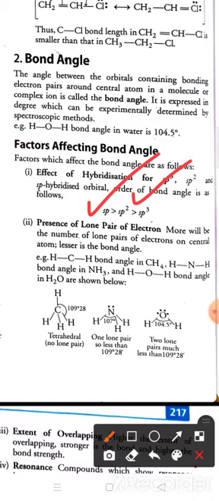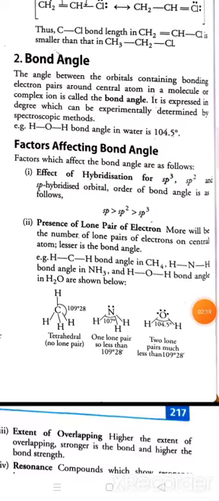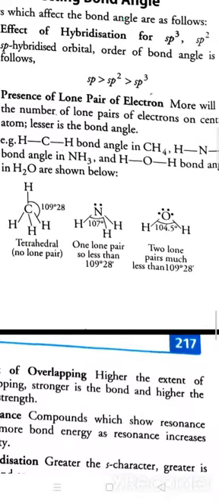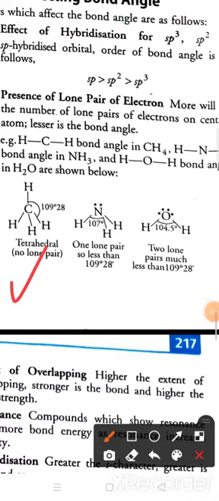Now, the presence of lone pairs of electrons. If a lone pair is present, then the bond angle will decrease. You can see in these diagrams methane, which is tetrahedral.